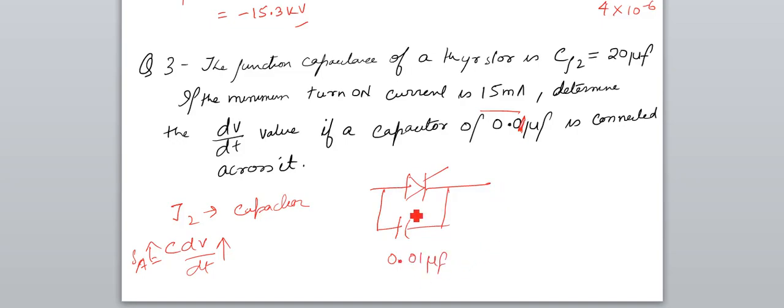So you need to find out the dV by dt rating of the SCR. Just put the formula like this. Two capacitances come into the picture here, and this is one of the capacitances, say J2, right? So you do it, and I hope you will be able to solve it.